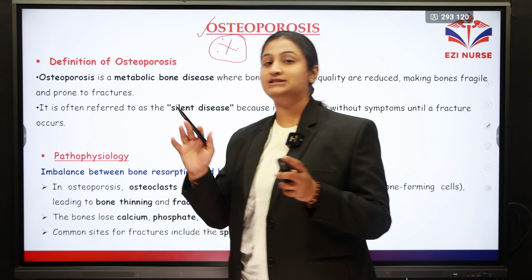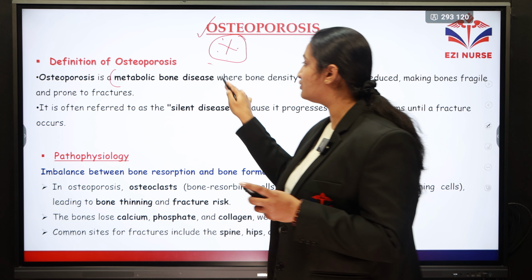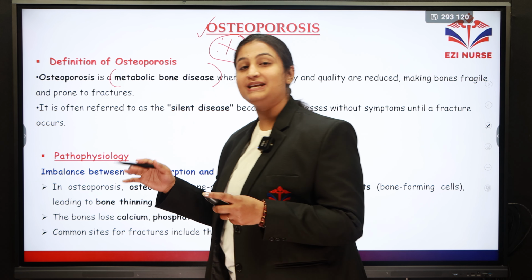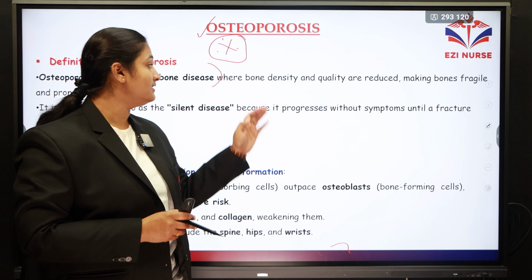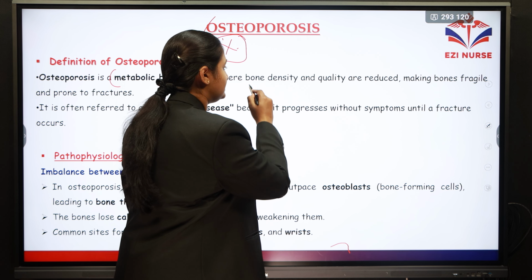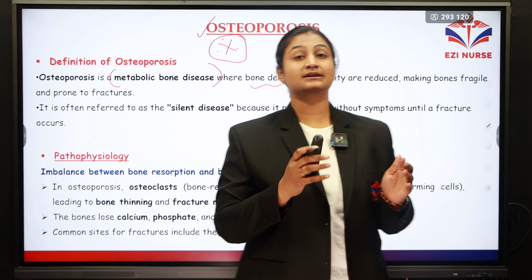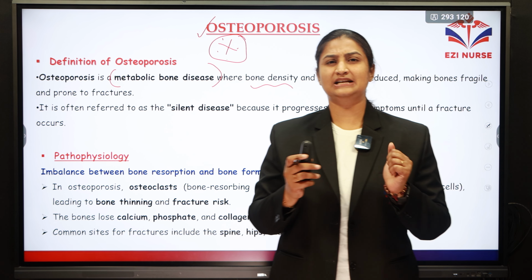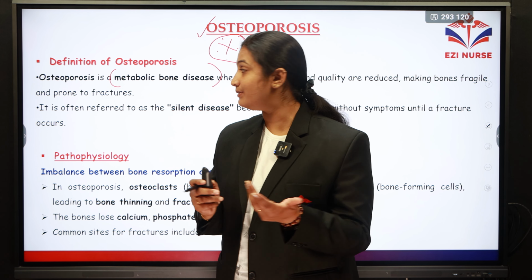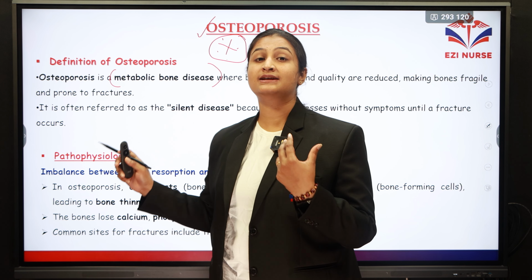That's your metabolic bone disease, which is in bold letters. That is your main important key point, wherein the bone density as well as quality is reduced and the bone is getting fragile. Fragile is weak, and they are prone to fracture.